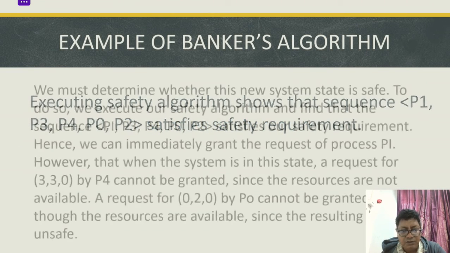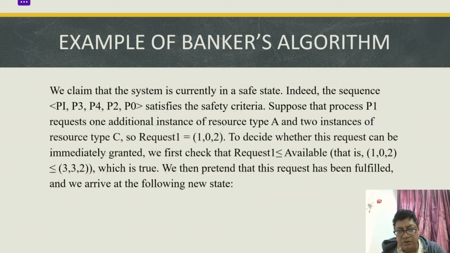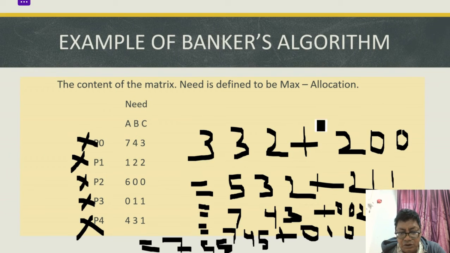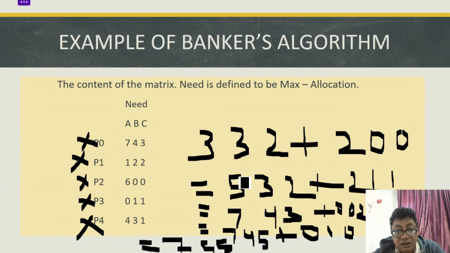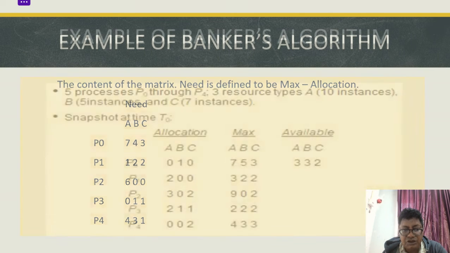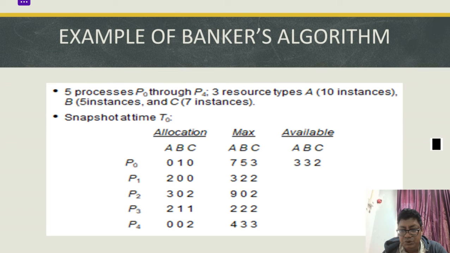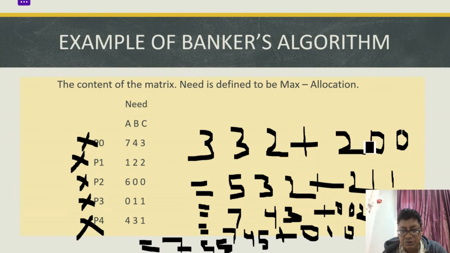Now in this problem, if you face any problem where you are unable to solve this, meaning any process is not satisfied, then we can say the system is not in a safe state.